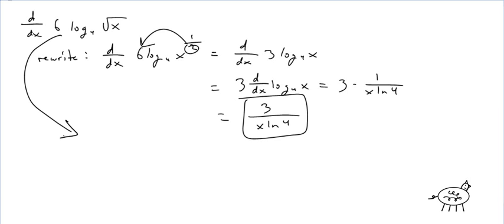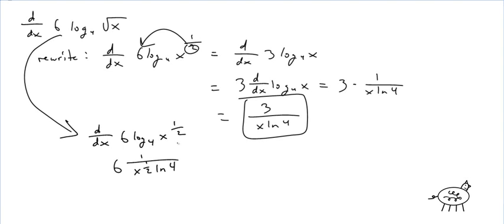So I still need to rewrite it this way. I need to write d by dx of 6 log base 4 of x to the 1/2, and this uses the chain rule. So it's going to be 6, and then the derivative of log is going to be 1 over x to the 1/2 ln of 4.